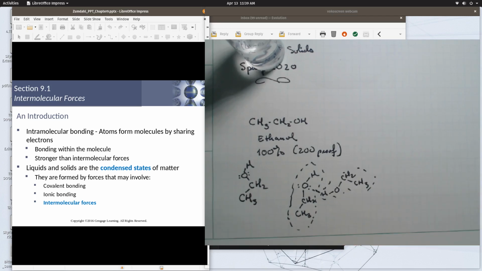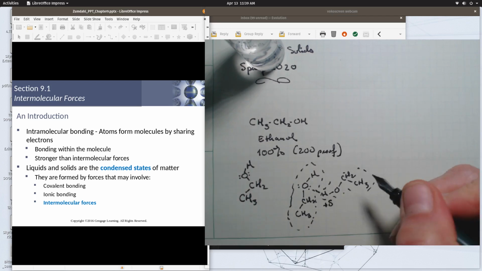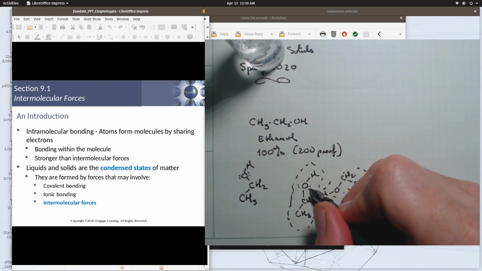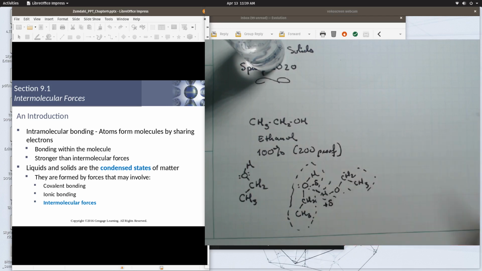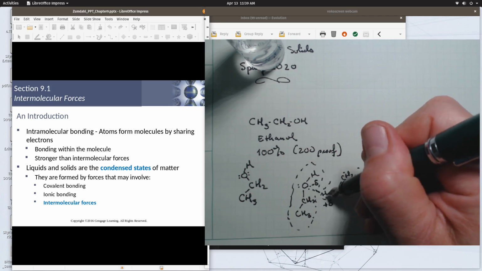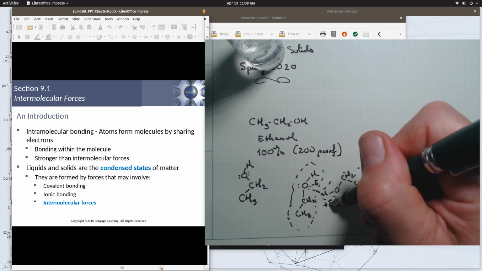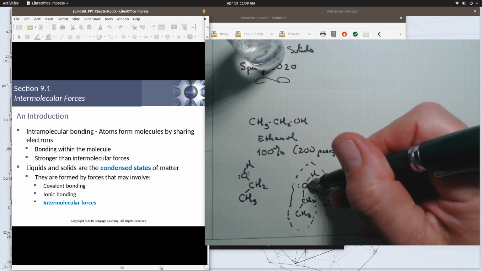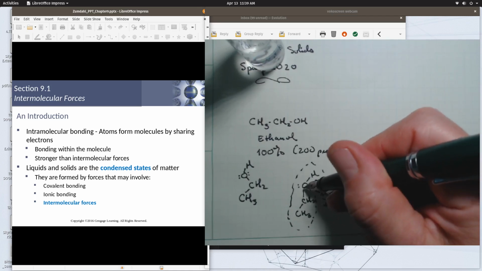And there's a hydrogen bond. Remember, this hydrogen carries a small delta plus, and this lone pair carries a small delta minus partial charge. So there's an attractive interaction between this hydrogen, which looks a lot like a bare positively charged proton, and these lone pairs around this oxygen.